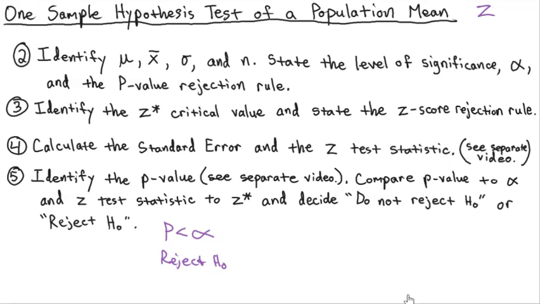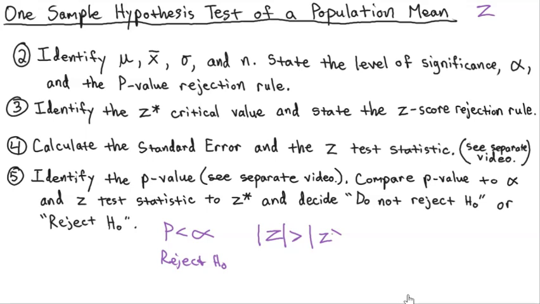And then the other way to do it, as we already talked about, is if the absolute value of the z statistic is greater than the absolute value of the critical z statistic.